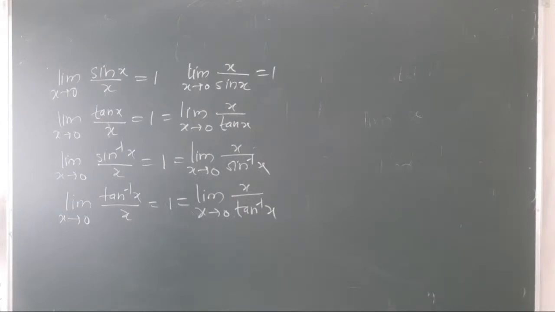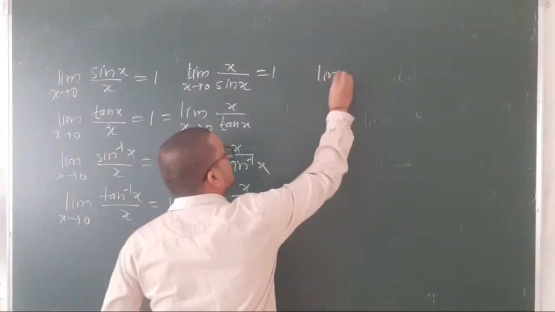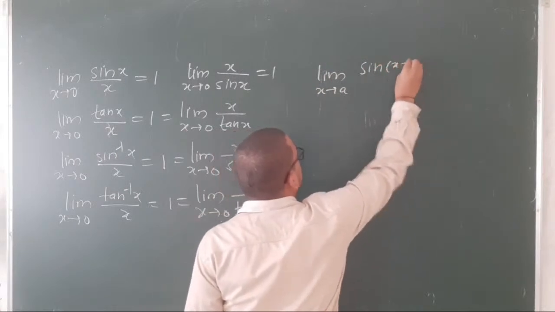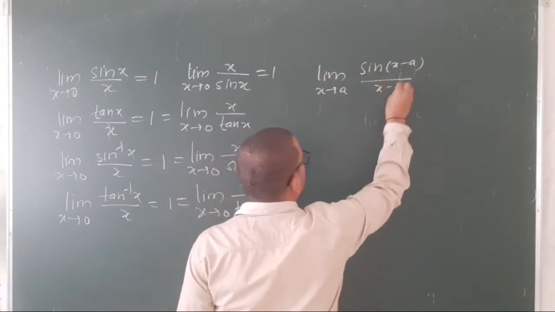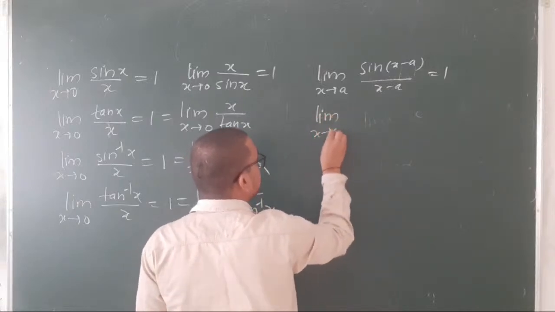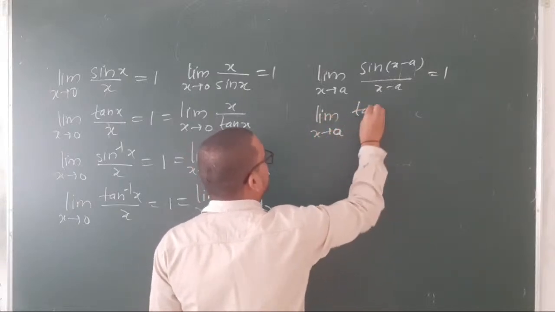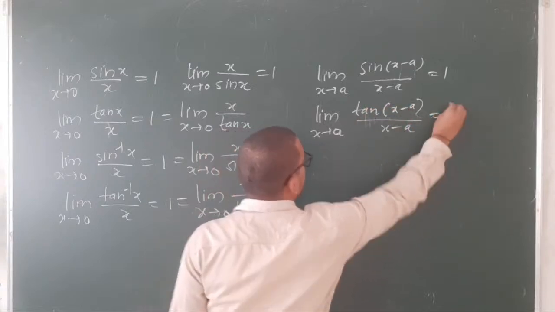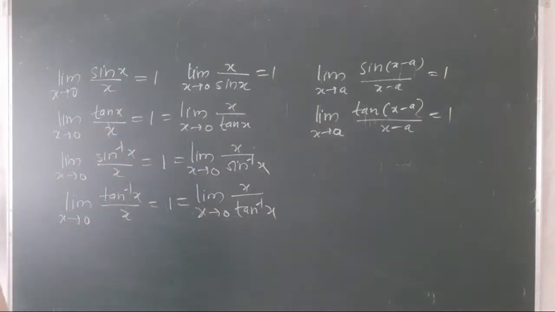Next, limit x tends to a, sin of x minus a upon x minus a is equals to 1, or similarly, limit x tends to a, tan of x minus a upon x minus a is also equals to 1.